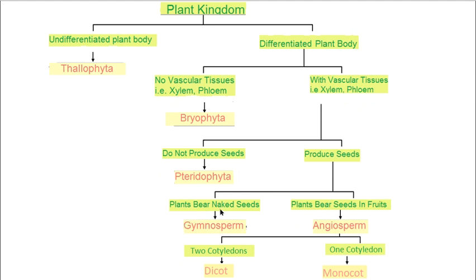So plants which have open seeds are kept under the Gymnosperm group. Plants which have seeds enclosed inside the fruit are kept in the Angiosperm group. This much is clear. Again, angiosperms are divided into two categories, that is dicot and monocot.